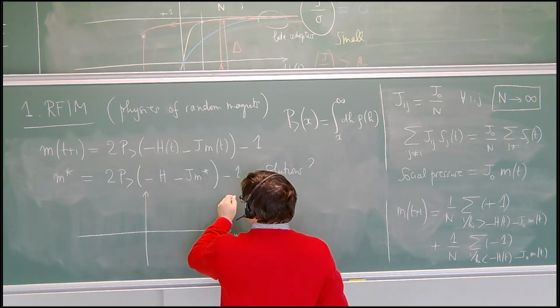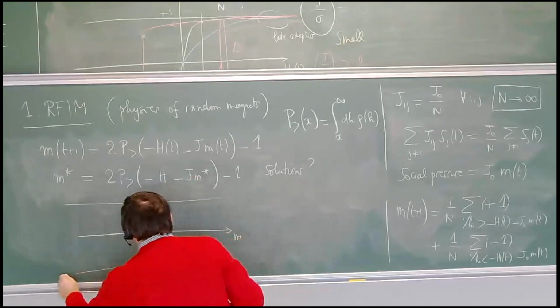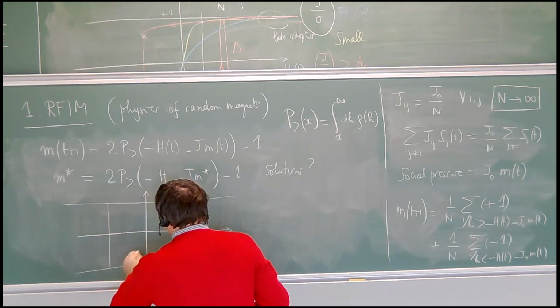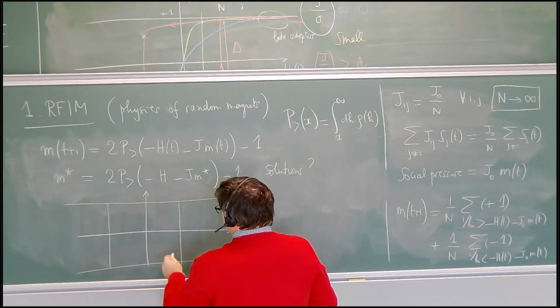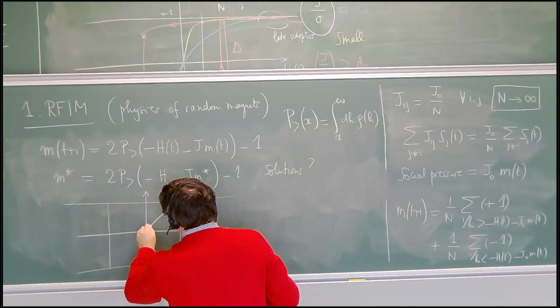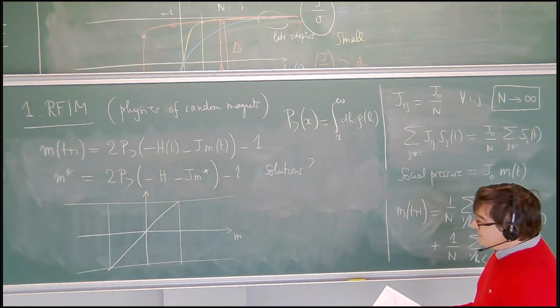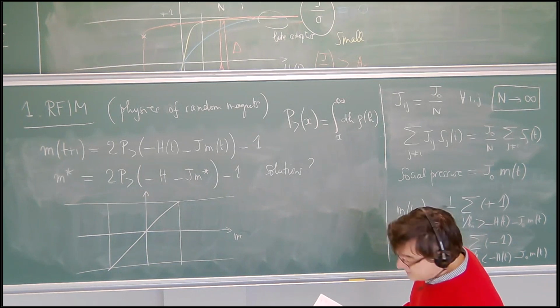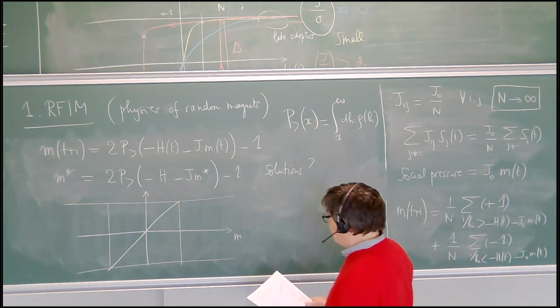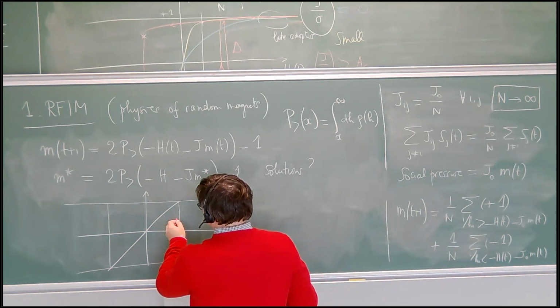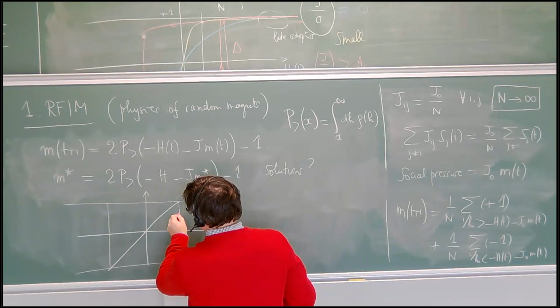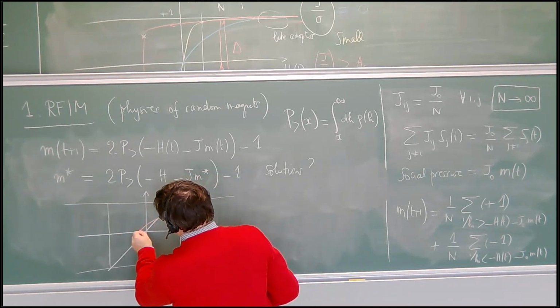Again, m is between minus 1 and plus 1. So I have the diagonal, which is going to look like this. And then depending on the shape of p larger than, I can have curves that look like this, for example.